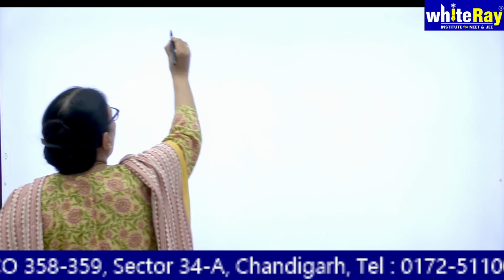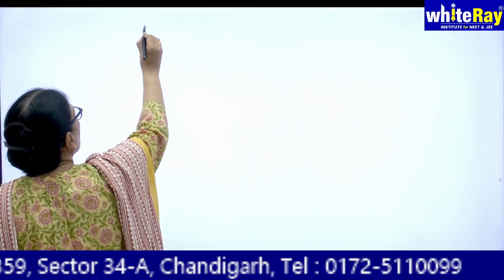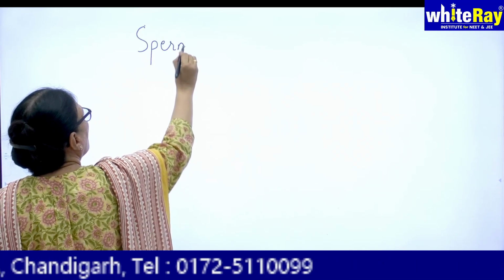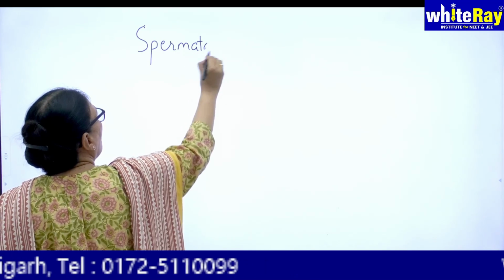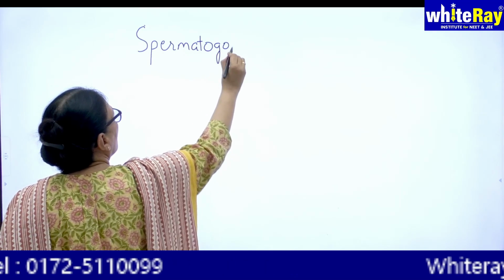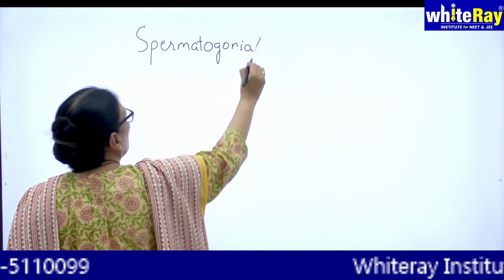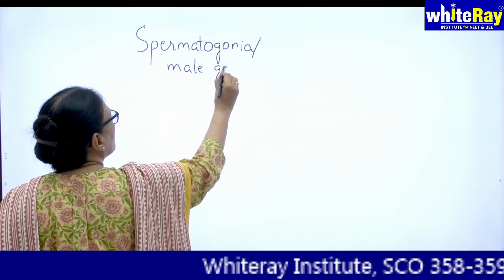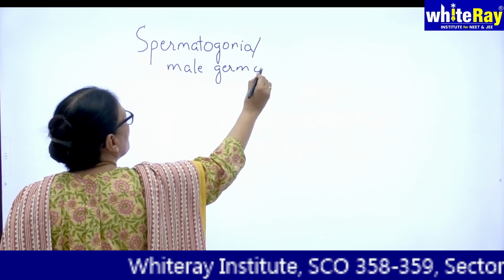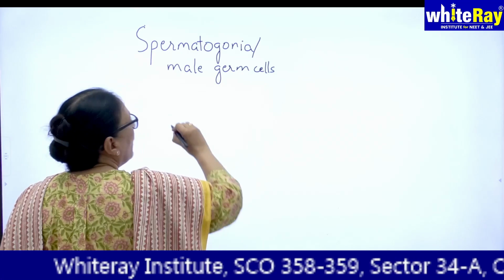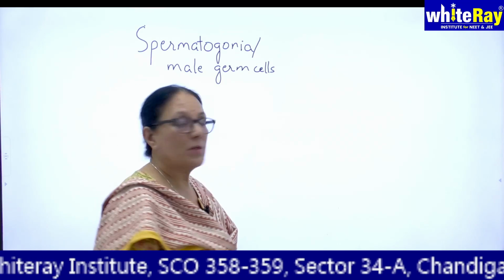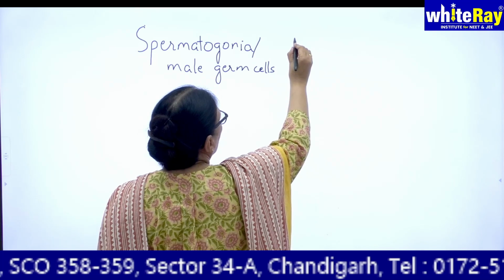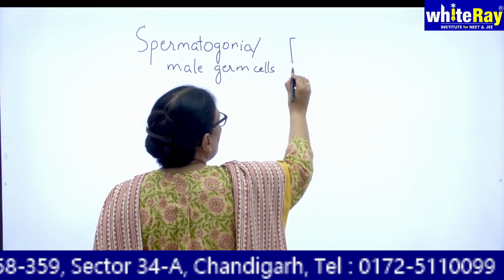Now if we begin, what do we have first? Spermatogonia, also called male germ cells. They line the seminiferous tubules.